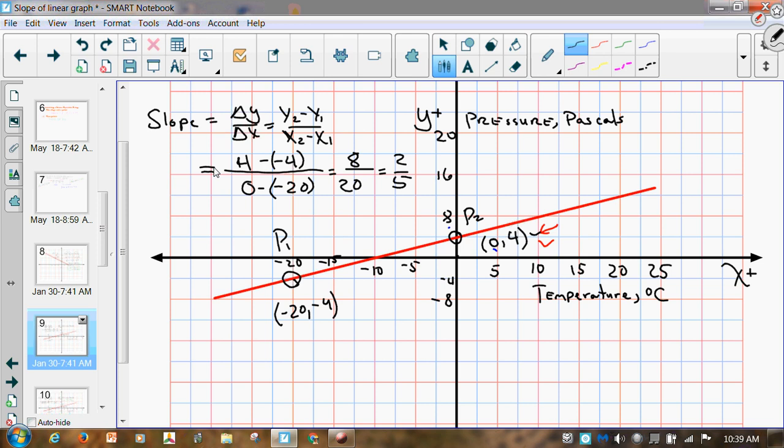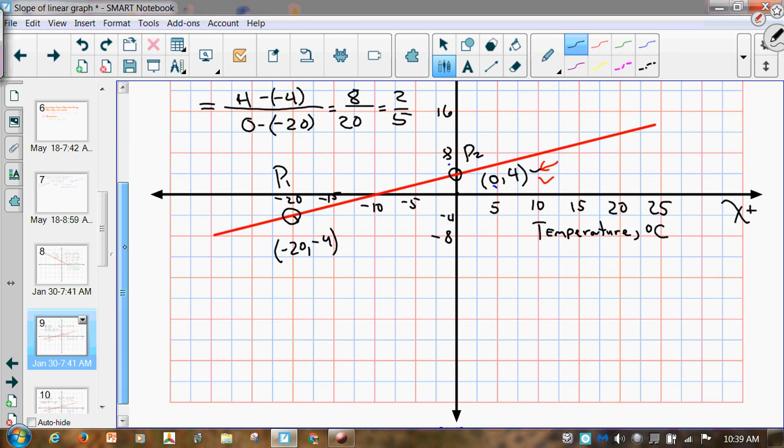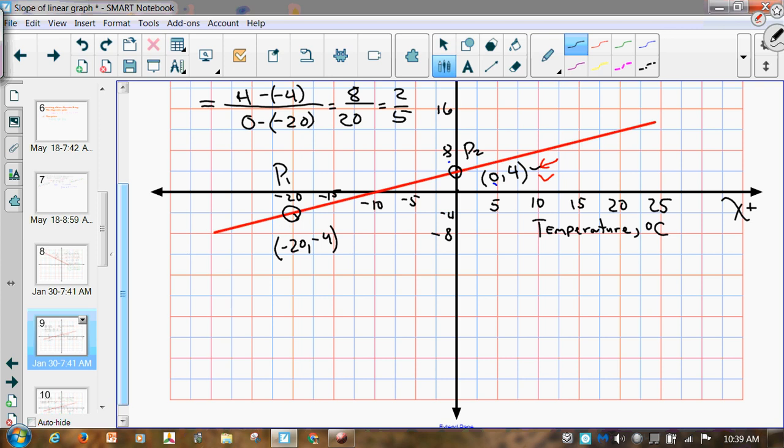Okay, so now let's take that value of slope that we have and we're going to create our equation. So the m value in y equals mx plus b is 2/5. And so now when you're calculating these equations, as we said earlier, you can pick any point you want to do that.